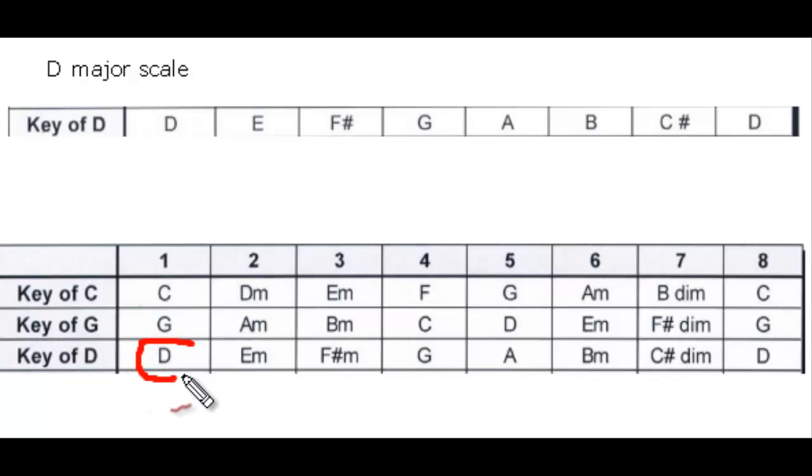I'm going to look at a D major chord, and that means I'll be starting at the note D in our D major scale, and then I'll be doing a leapfrog process.